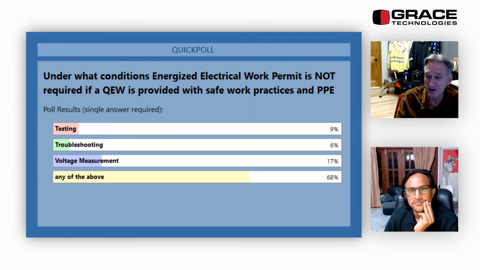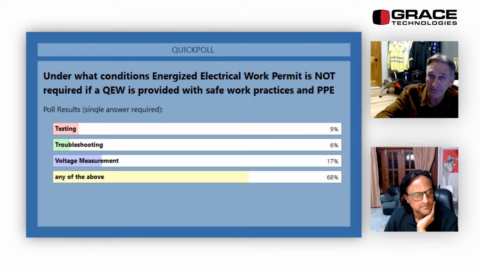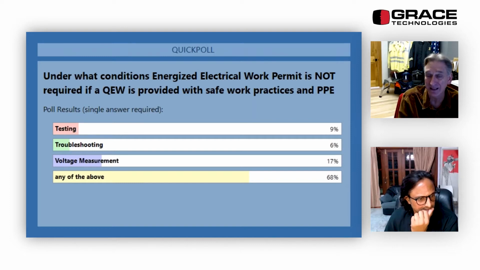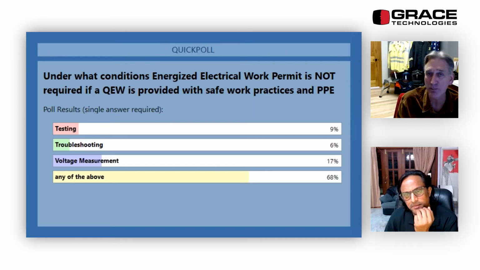So they replace, and typically what they'll do is replace all 3 fuses. But if they're replacing that fuse and they are within the restricted approach boundary, which more than likely they are going to be, then that is doing work, and that would require an energized electrical work permit.